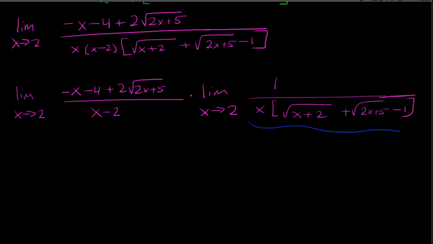So I can just plug in 2 there. So I can have 1 over 2 times square root 4 is 2, plus square root 9 is 3, minus 1. This thing is 4. So it's 2 times 4 is 8, so that would just be 1/8. I can bring this 1/8 out in front here, since I'm multiplying it.